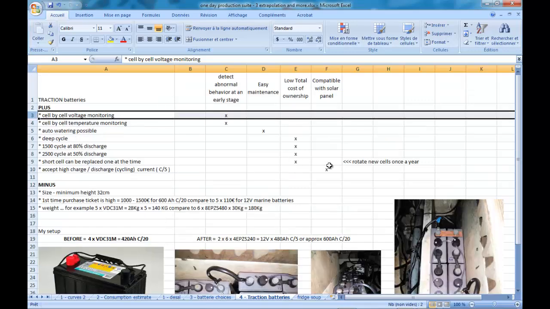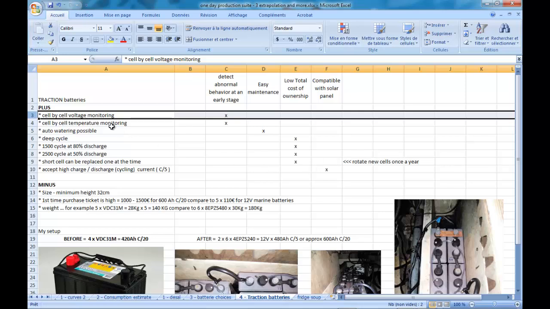So for instance, if you have a discharge or a charge at any particular moment, and you see differences between most of the batteries and one cell, then you can figure out that one cell needs maintenance. It can be just some equalization or it needs replacement, but at least you can monitor what's going on, which you cannot do in a normal 12 volt battery.